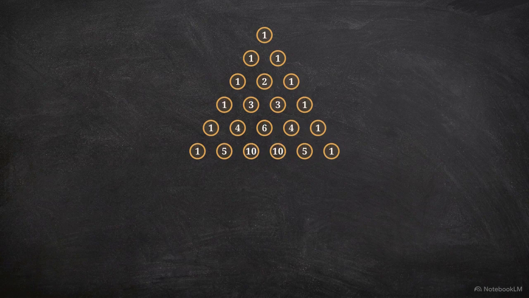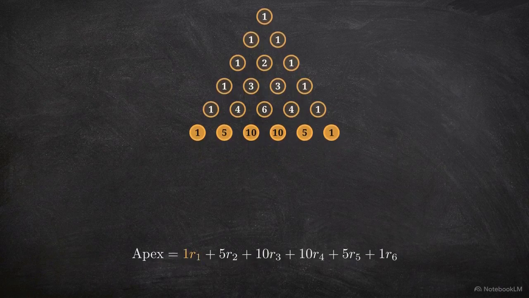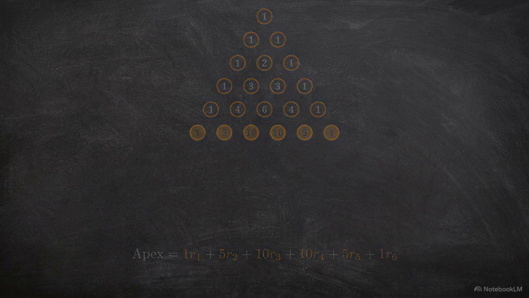We can calculate the apex directly using the coefficients from row 5 of Pascal's triangle, 1R1 plus 5R2 plus 10R3 plus 10R4 plus 5R5 plus 1R6. This formula acts as the mathematical engine beneath the 15 pinnacles. The final signature is a result of this specific weighting system applied to the 6 time measures.